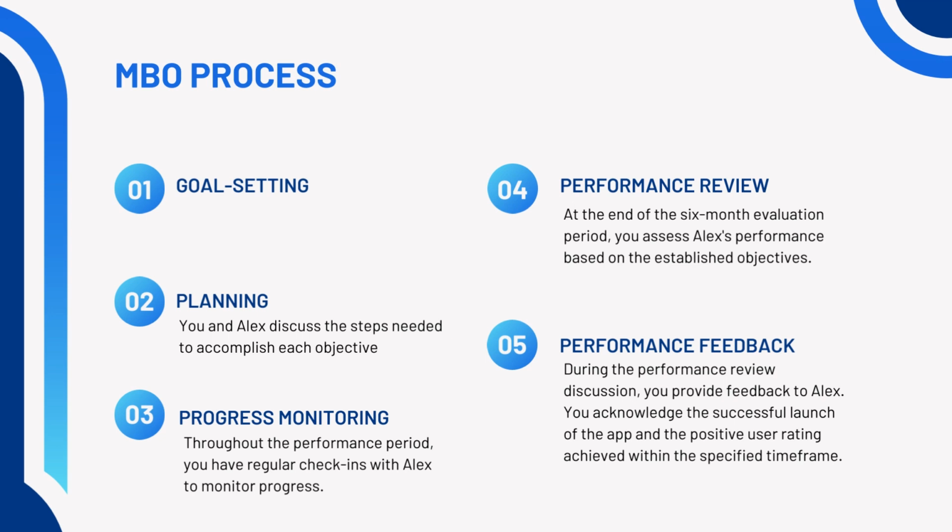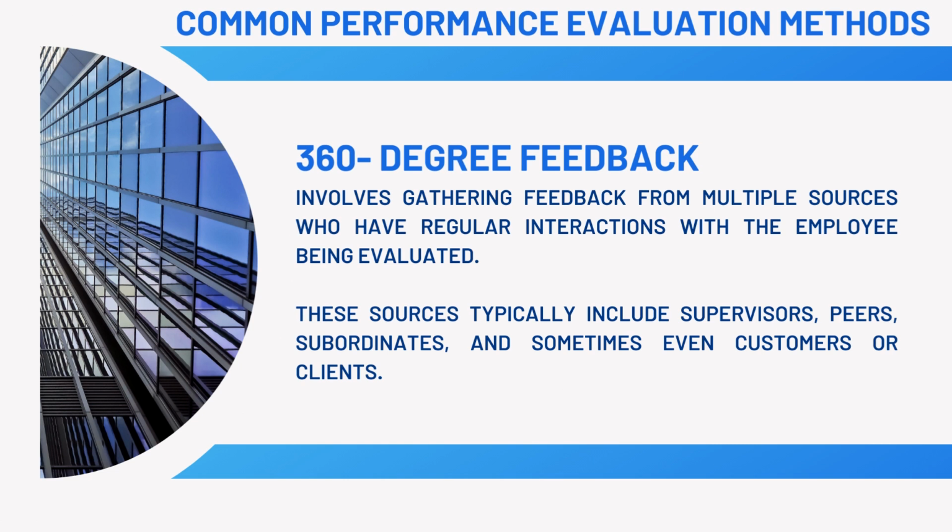And the last performance evaluation method that I'm going to share with you is the 360-degree feedback. So this is a performance evaluation method that involves gathering feedback from multiple sources who have regular interaction with the employee being evaluated.